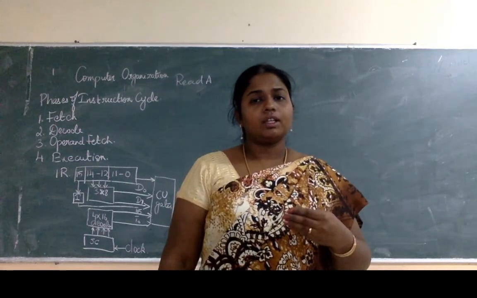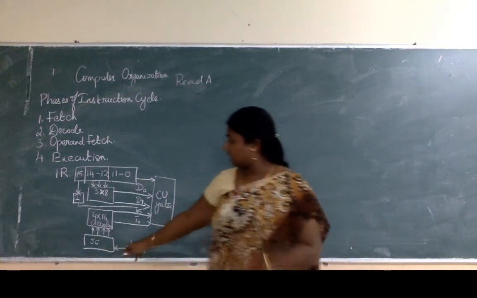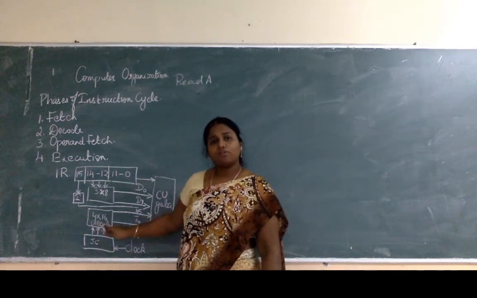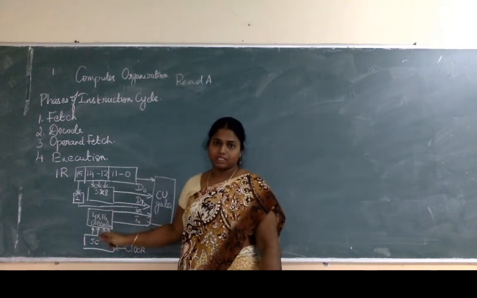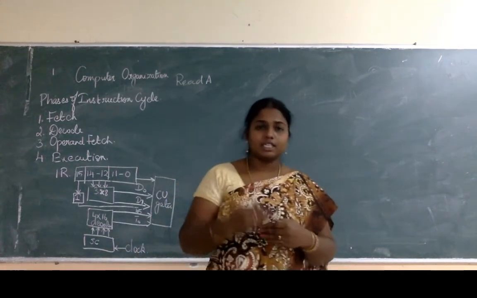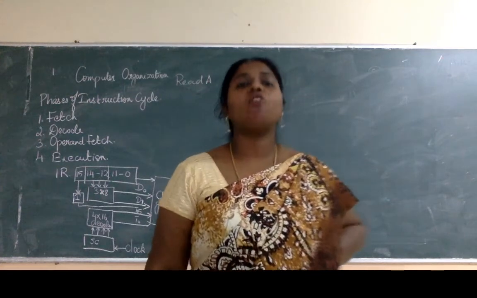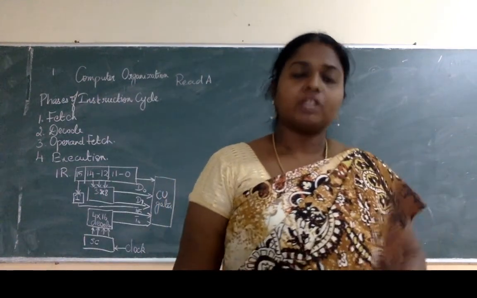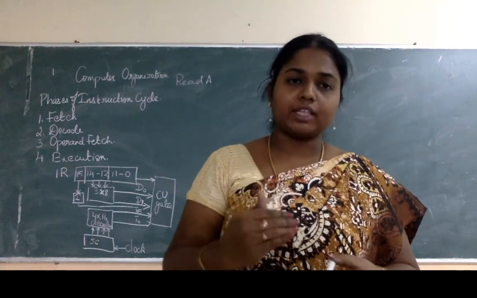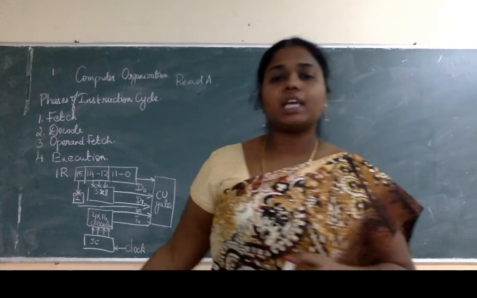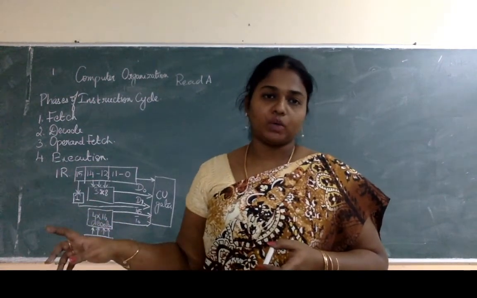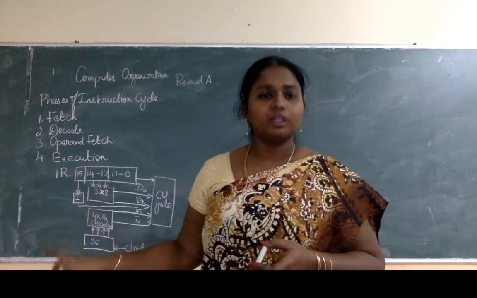So the sequence counter is responsible for clearing of the timing sequence, which is why it is called a sequence counter. It counts the sequence of execution of one particular instruction. So once that single instruction is completed, when you complete the execution of one instruction, the sequence counter is going to get cleared, then we are going to start counting from T0 once again. That's the use of the sequence counter.